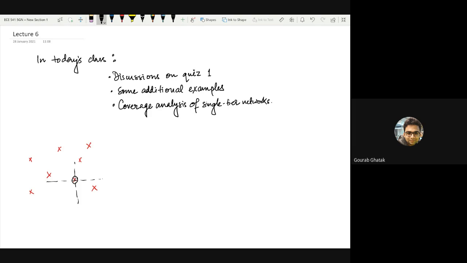So here you would be using the palm distribution: conditioned on there being a point located here, what is the distance distribution to the closest point from the origin? These two distributions, the nearest point from the origin, and the nearest point from the origin given that there is a point at the origin, might not necessarily have the same distribution. In case of Poisson point processes, they turn out to be the same because of this theorem.